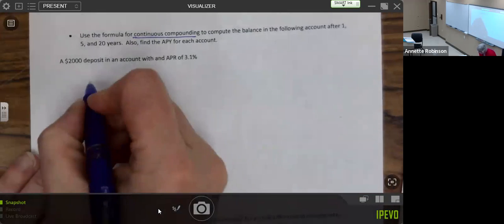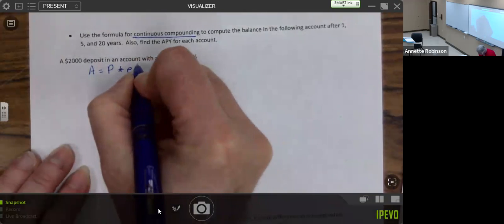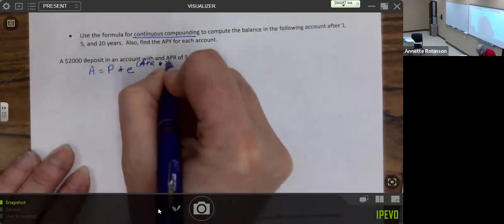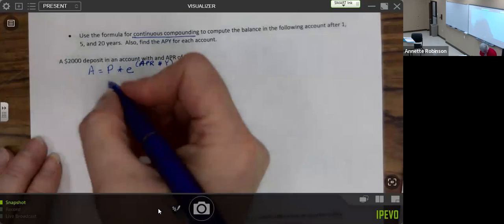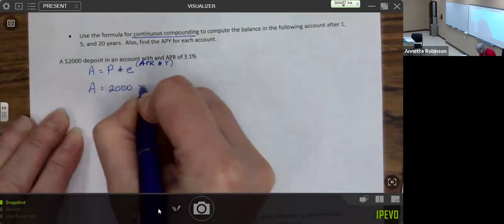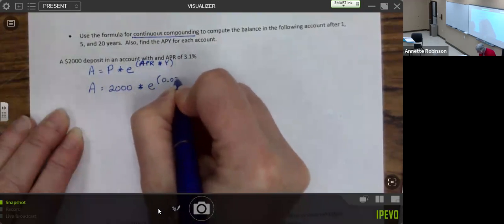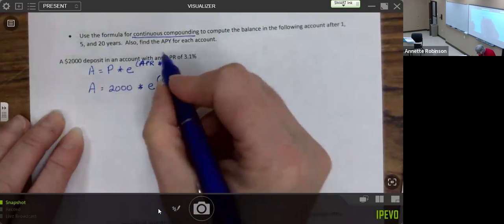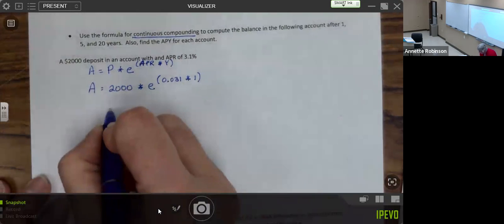So first off, remember our formula. For the first one, we have a principal of $2,000. Our base E, our APR, if you think about it, changed to decimal by dividing by 100. And we are doing this for, first off, 1 year. And we're going to do the same formula.